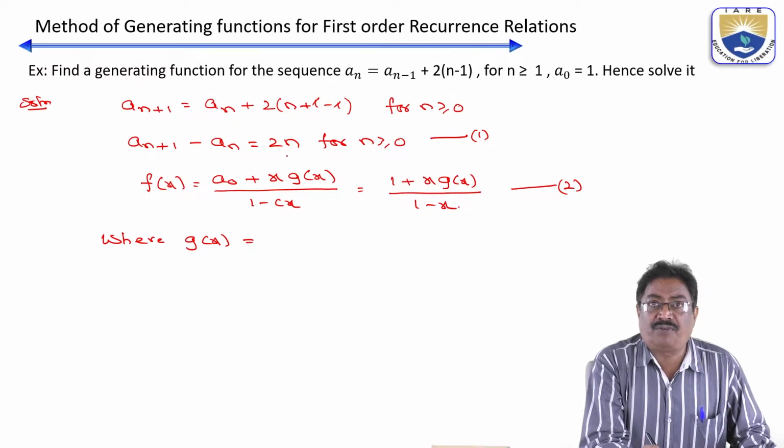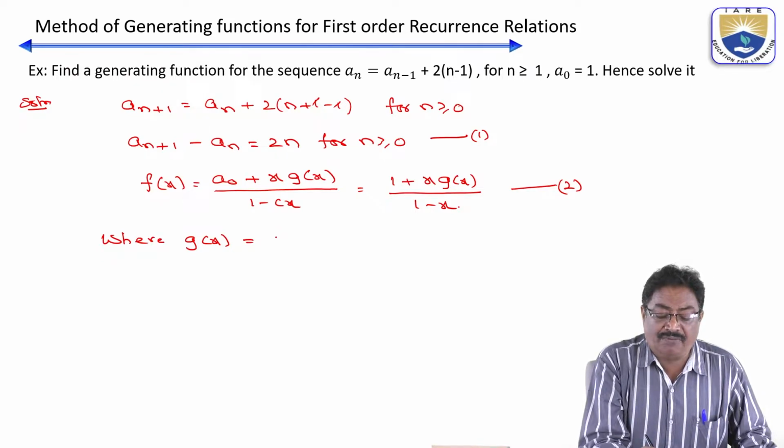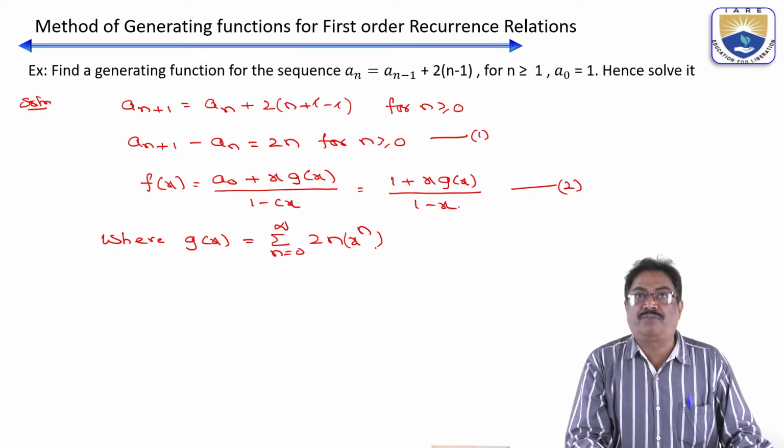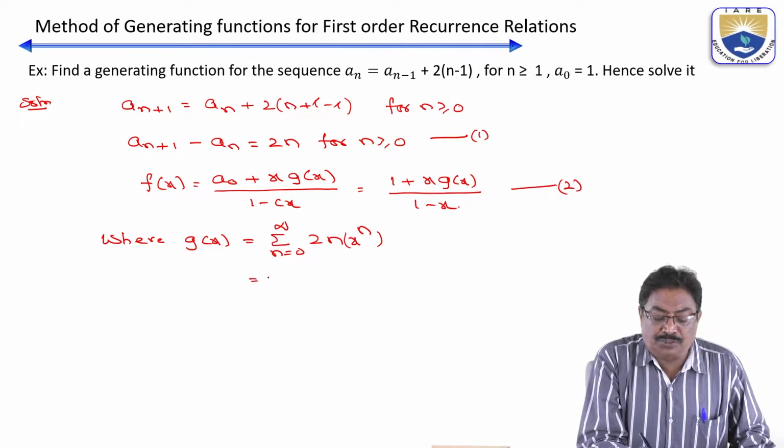phi of n. So phi of n we have summation n is equals to 0 to infinity, 2n into x to the power of n. Now I just took 2 as common. Then the remaining thing is n x to the power of n, n is equals to 0 to infinity.